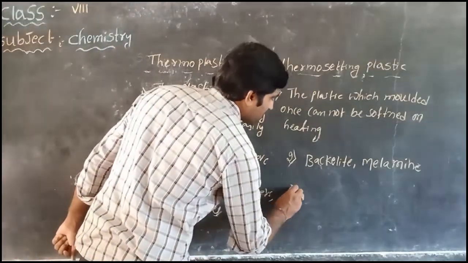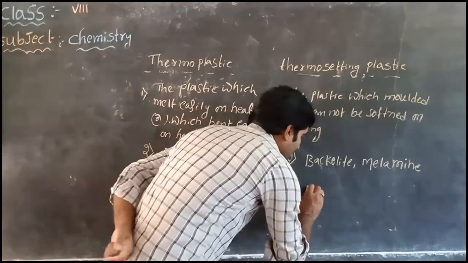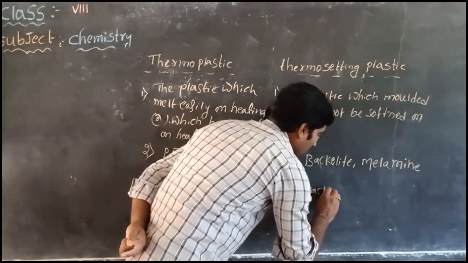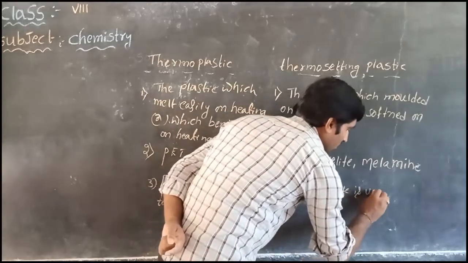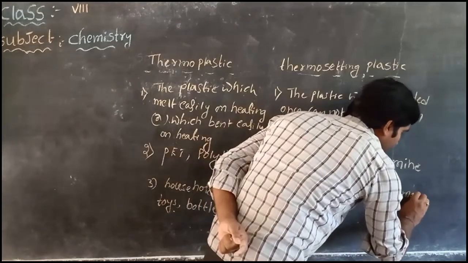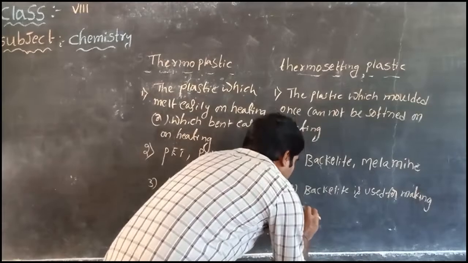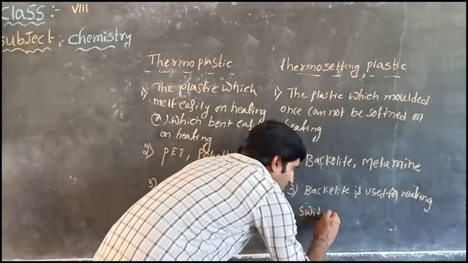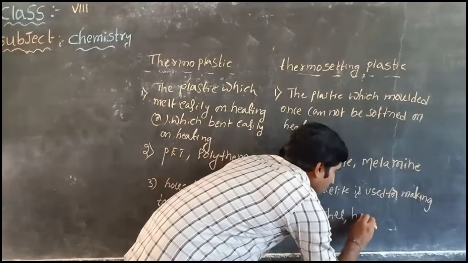Thermostatic plastics are used as follows. Bakelite is used for making switches and handles of cooking utensils.